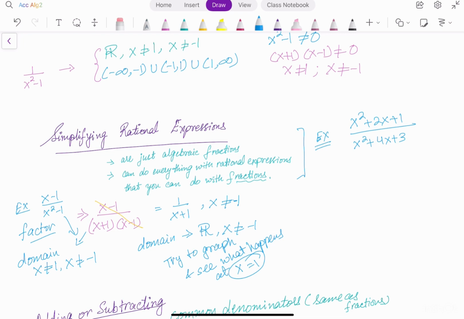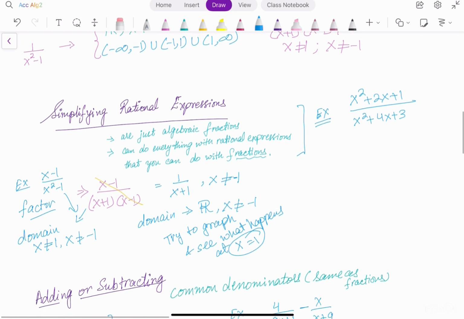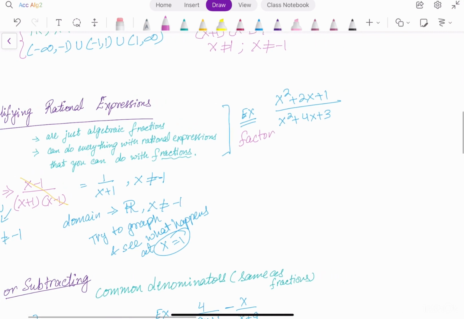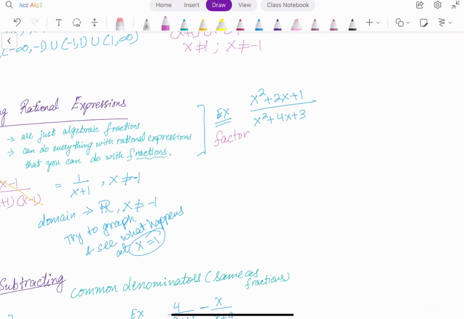Let's take another example. In this example, we have a quadratic divided by a quadratic. And if you remember how to factor a quadratic, which we discussed in the last video, then things will be a little bit easier. So just a quick factoring of x squared plus 2x plus 1, I know it is a perfect square.